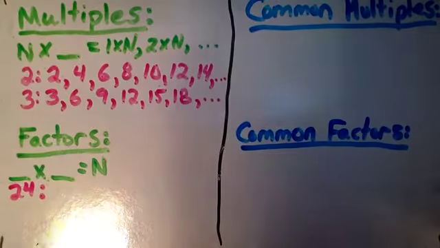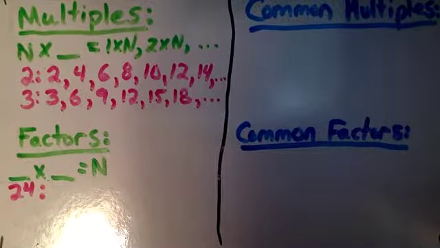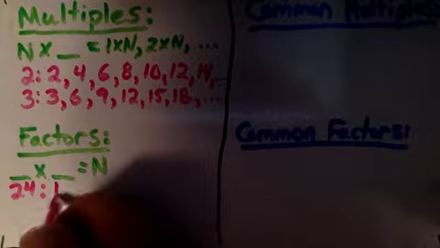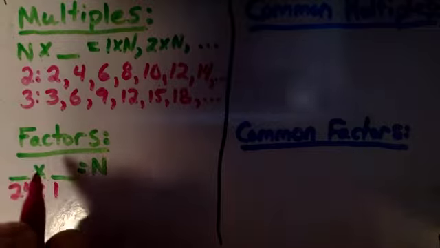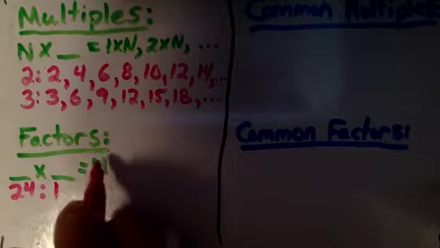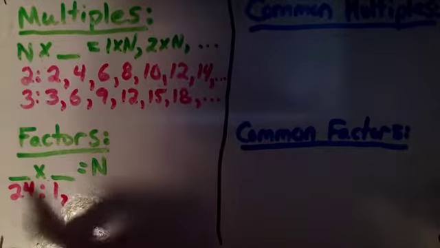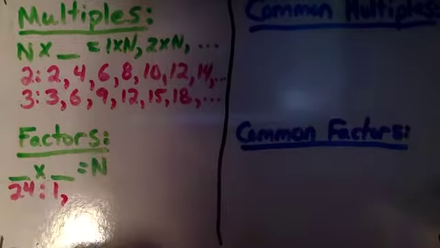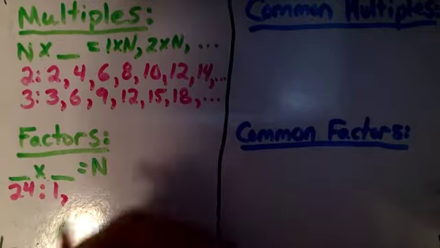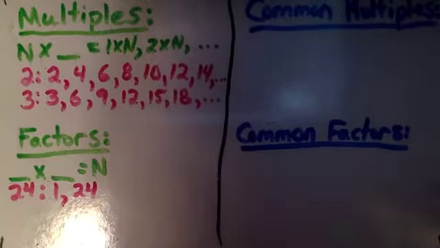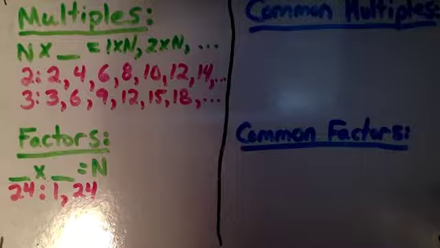Well, with any number that's out there, you will always have two factors every single time. That's going to be the number 1. So if you times 1 by a number, you're going to get the number that we're looking for. So in this case, 1 times 24 is going to give us 24. So 24 is a factor of 24, and 1 is a factor of 24.